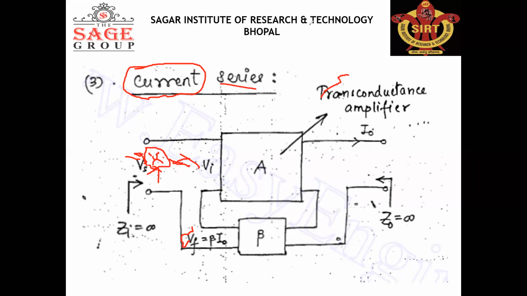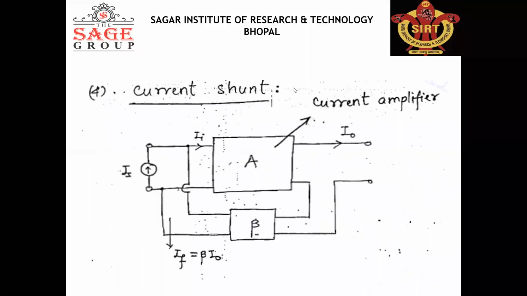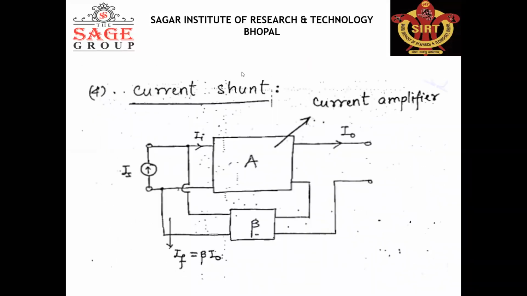Again, current shunt feedback. So the sampling is current again. If the sampling is done in the form of current, the amplifier and the feedback should be connected in series, and this is the shunt connection. So the second word is shunt.